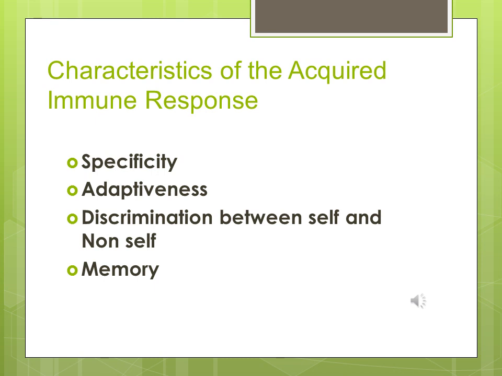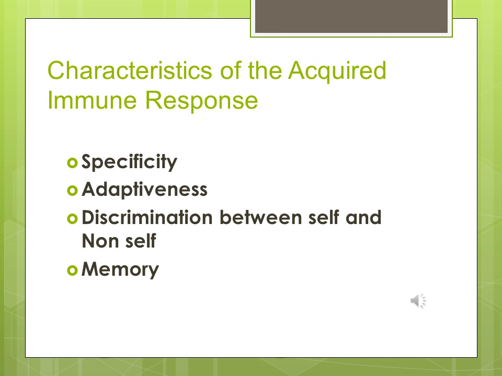First, we would like to start from specificity. Specificity is the ability to discriminate among different molecular entities and to respond only to those uniquely required. Number two is the adaptiveness. It is the ability to respond to previously unseen molecules.